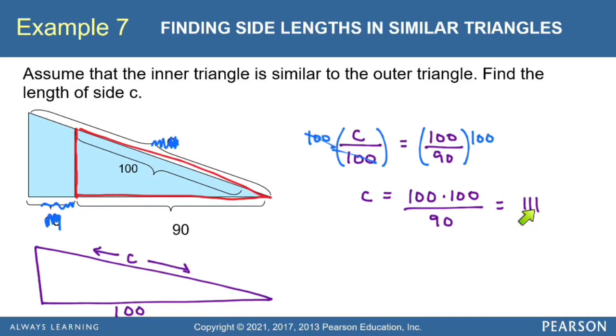Here I rounded off to the nearest whole number because none of the given sides have a decimal, so I didn't leave a decimal in my answer. But in MyLab, they will be very specific and tell you how many decimal places to keep. And also notice that our diagram did not give us any units, and so I don't have any units on my answer either. But if I did have units in the diagram, I would want to put them on my answer as well.